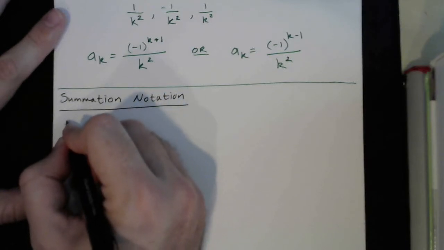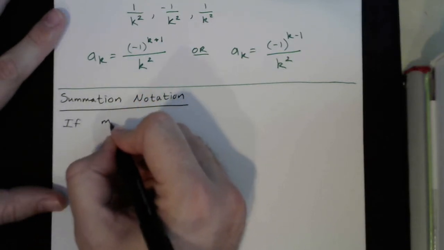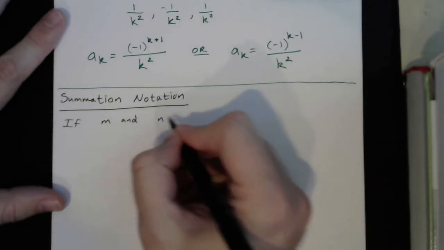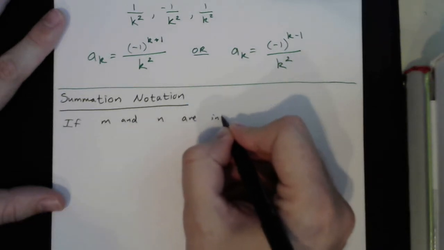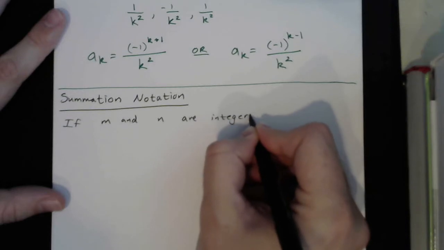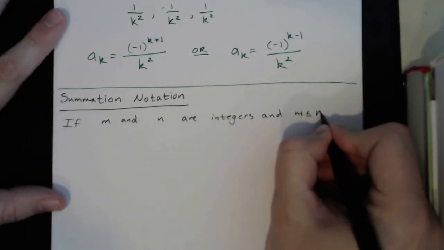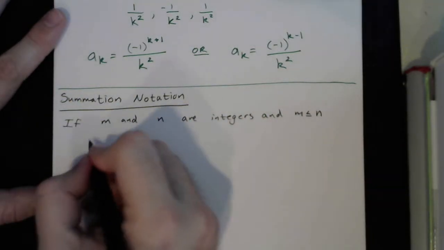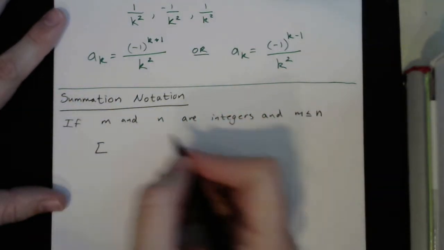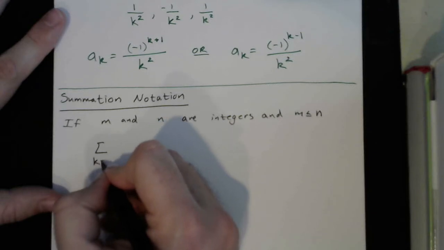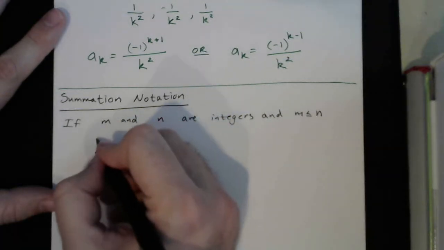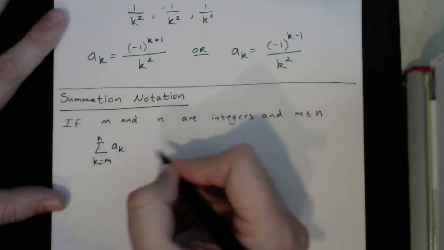So remember, if m and n are integers and m is less than or equal to n, then we have the capital sigma, k equals m, and on top n, of a sub k.